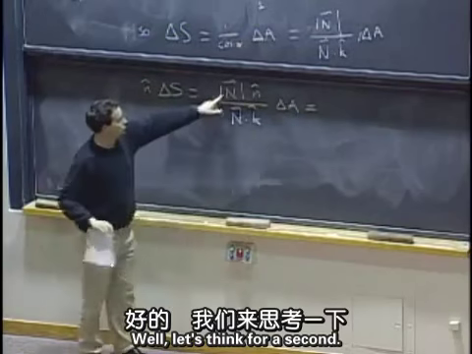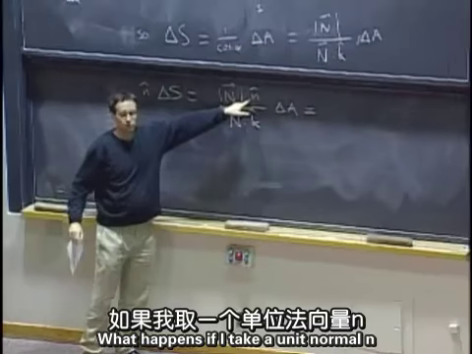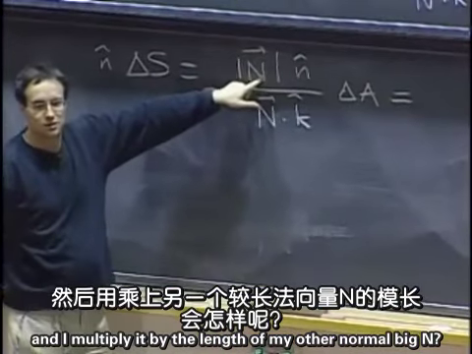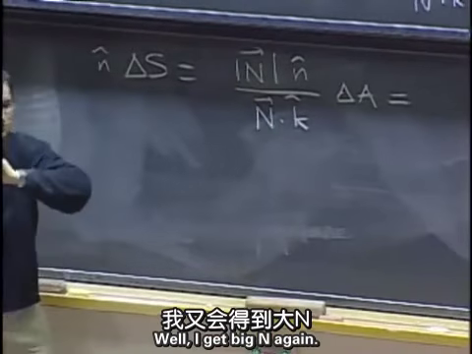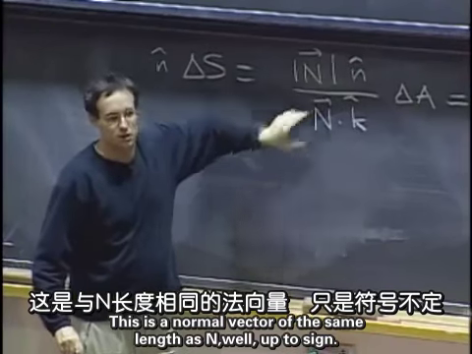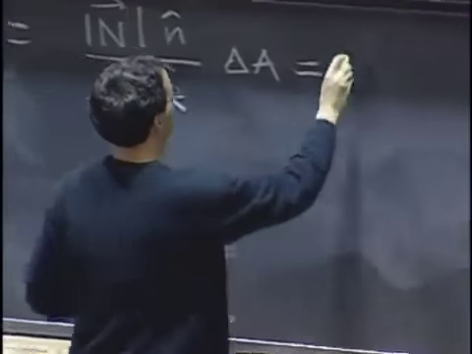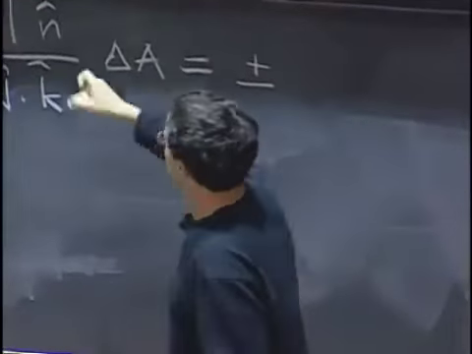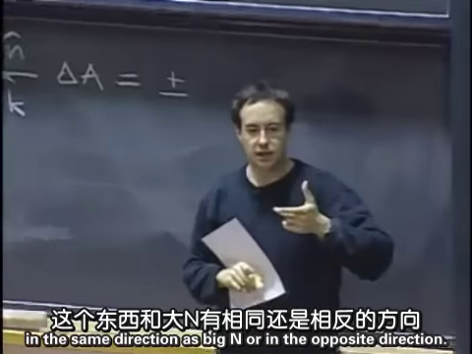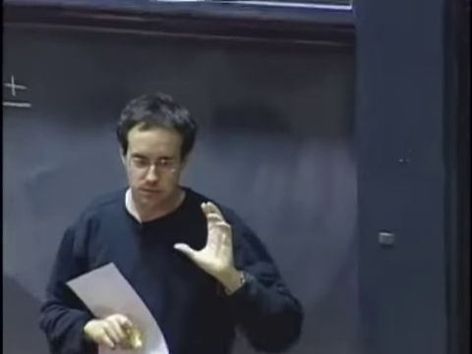So n delta S will be, I'm just going to multiply by n. Well, let's think for a second. What happens if I take the unit normal n and multiply it by the length of my other normal, big N? Well, I get big N again. This is a normal vector of the same length as n, up to sign. The only thing I don't know is whether this will be going in the same direction as big N or in the opposite direction.